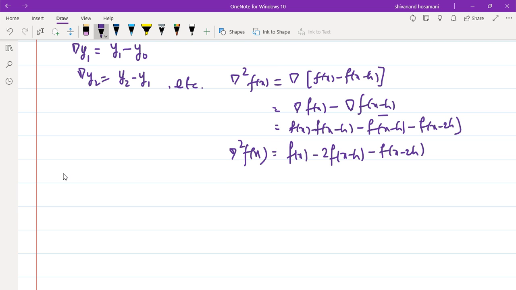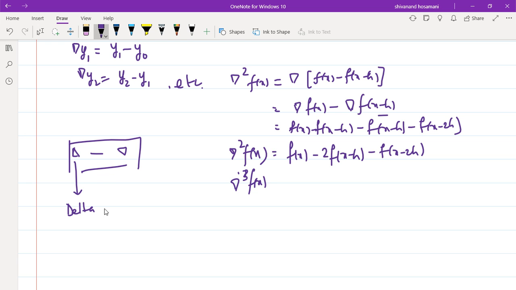So on, the nth difference operator can be obtained. That is the third difference operator, and so on. We need to place a del there. Be careful about delta and del. This is delta, the capital Greek letter delta.